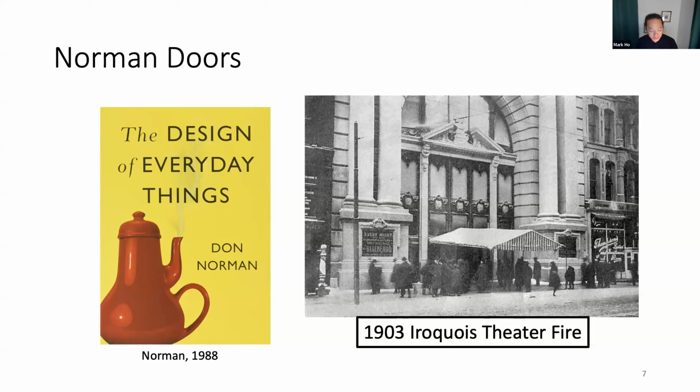There was actually a fire in 1903 where, because of the design of the doors, several hundred people died because they couldn't figure out how to open the exit doors. And so, as we're designing systems that are going to interact with people and be part of everyday life, even things as simple as doors can have consequences.